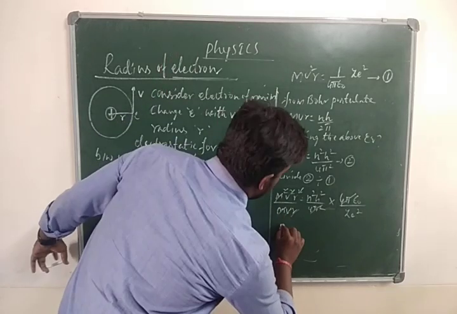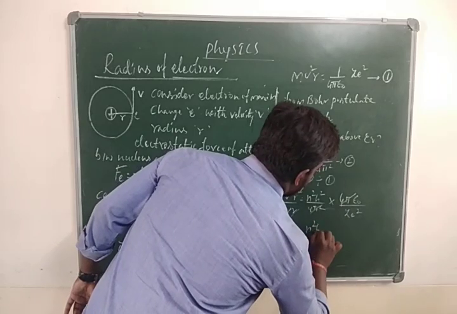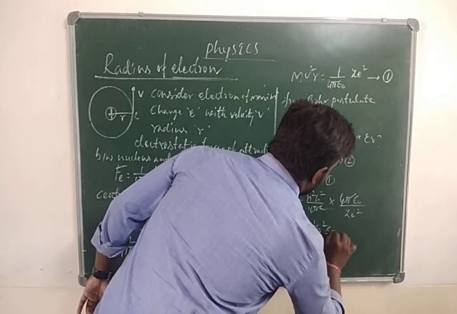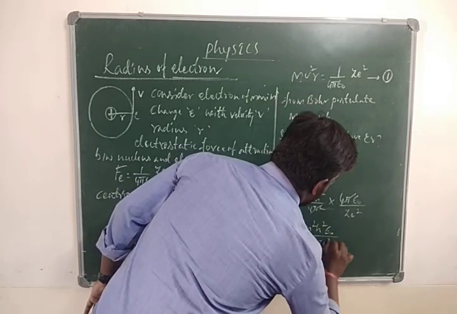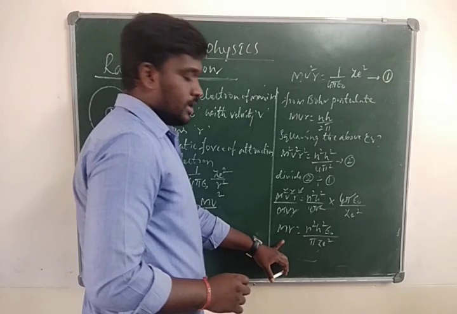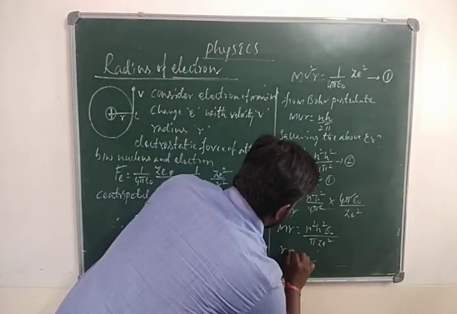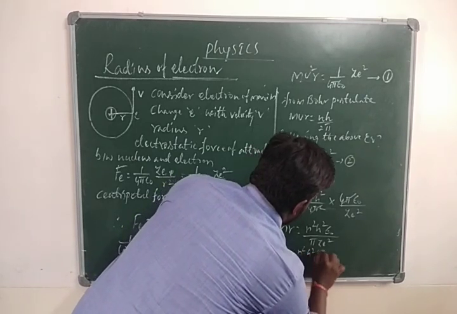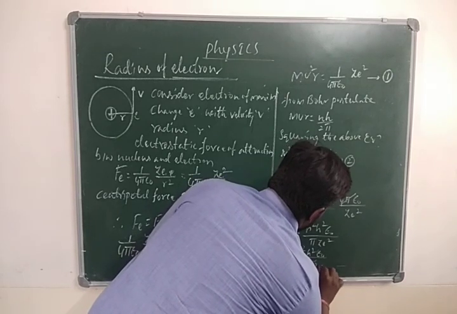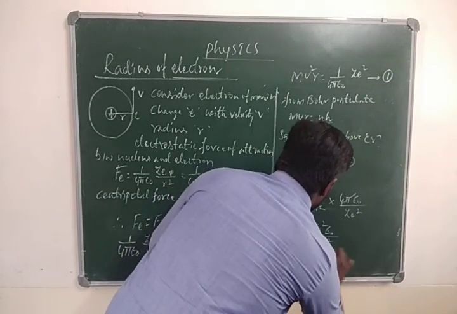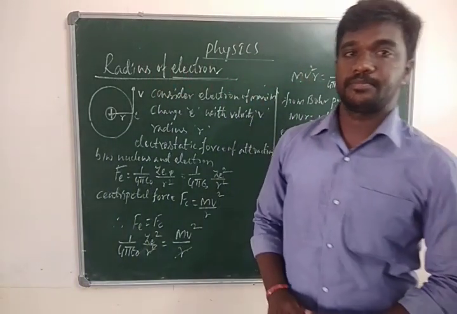So what are the remaining terms? mr is equal to n square h square epsilon naught by pi Ze square. So we need the radius of the electron: r is equal to n square h square epsilon naught by pi m Ze square. This is the final expression. We got the radius of the electron.